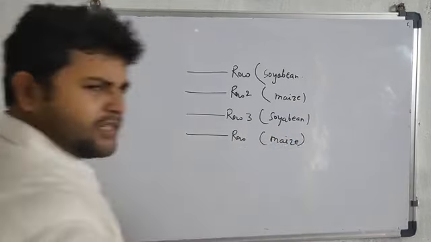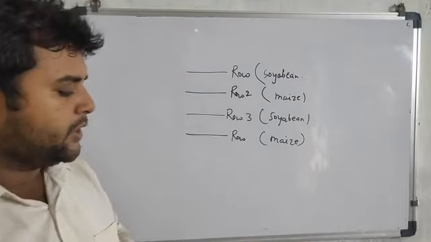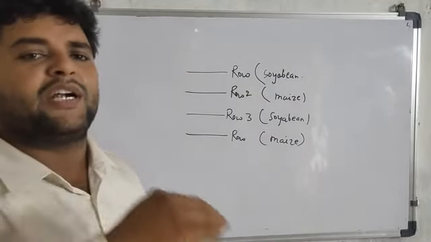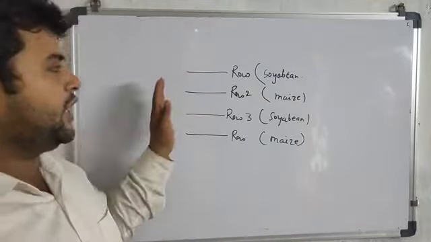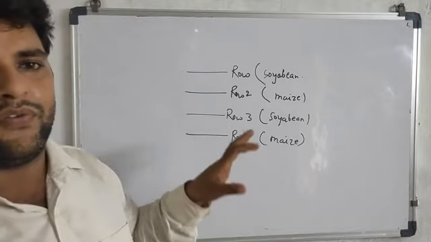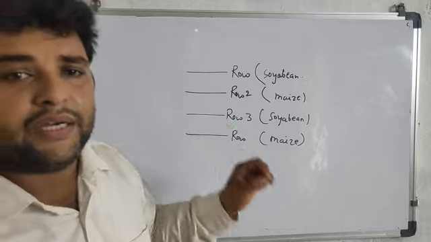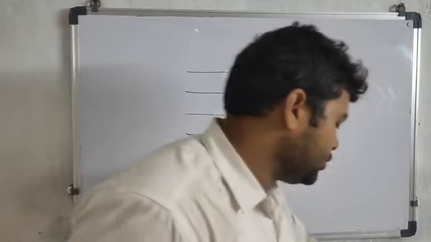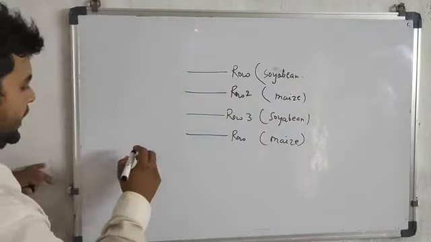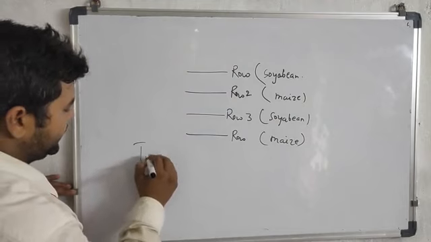This means whenever you are cultivating two or more crops on the same field but in definite rows, one row of one crop, another row of another crop, then this type of cropping is known as intercropping. So note down intercropping.